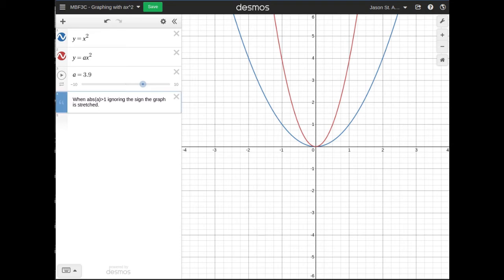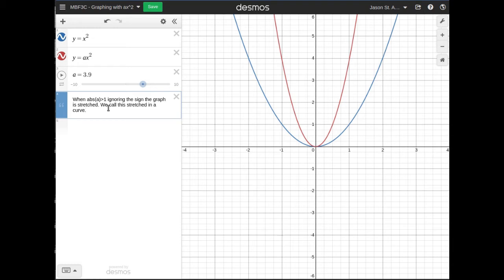So essentially, when we take a look at our graph, if we just ignore the sign, the graph gets stretched, gets pulled taut, gets skinnier than the original base graph of y is equal to x squared. So when I stretch my values, I end up with a skinnier graph, okay? So we say that the curve is stretched in this case.